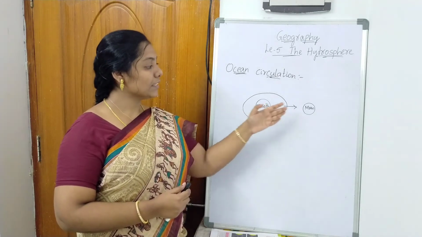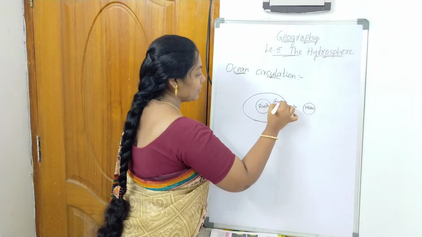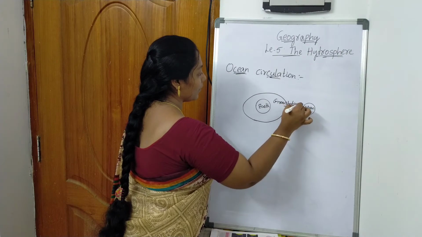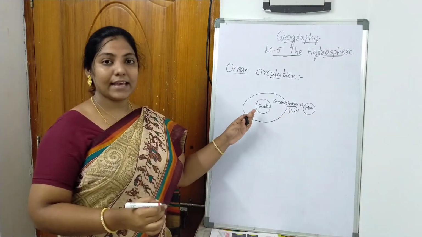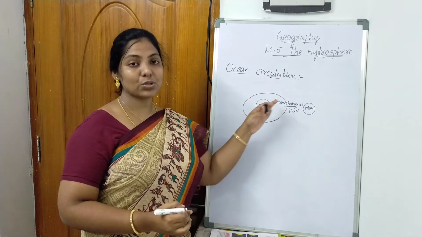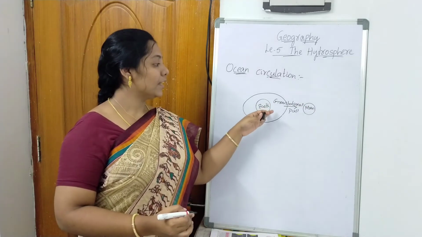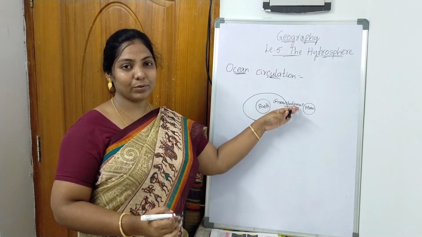So when the earth is facing towards the moon, the gravitational pull of the moon is taking all the ocean water that is there on the earth towards itself. The ocean water on the earth is moving towards the moon because of the gravitational pull.